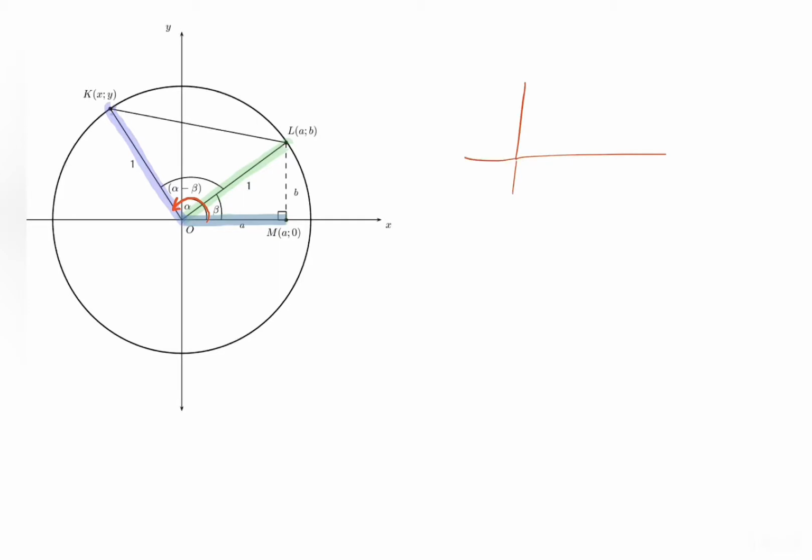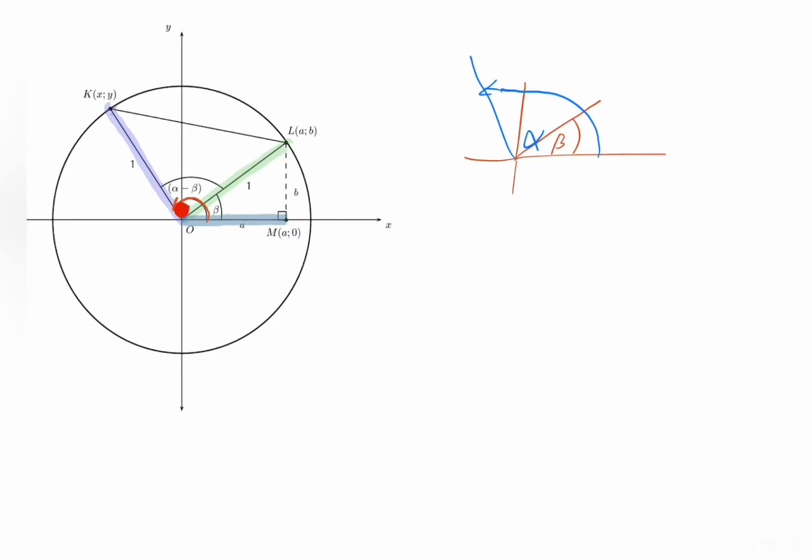This is your Cartesian plane, and you have angle beta here, and then you go again to have angle alpha like this. So this whole angle is alpha. Now, for you to find the angle that exists between this blue line and that red line, you need to subtract this angle from that.